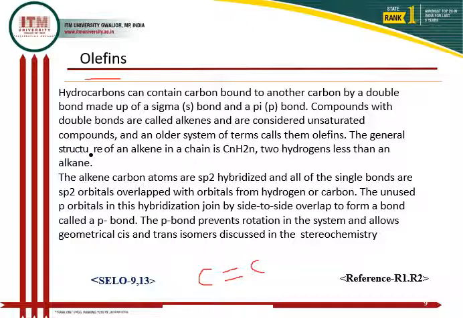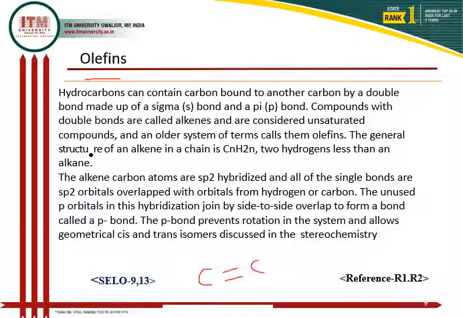Because they form oil-like products, oil-like liquids on reaction. For example, on reaction with chlorine gas, it forms a liquid oil-like product. So that's why these are termed as olefins.